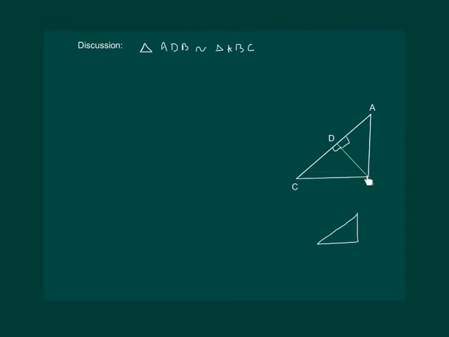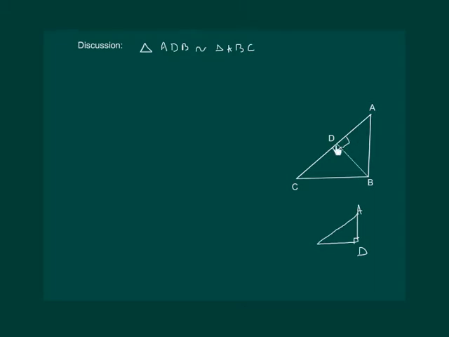For instance, here B lies at this position, so a right angle lies at the same position in the smaller triangle. We can see that triangle ADB is right angled at D, so this becomes D. Also we can see that A is the common vertex to the bigger triangle and the smaller triangle which is similar to it. So our common vertex remains as it is.